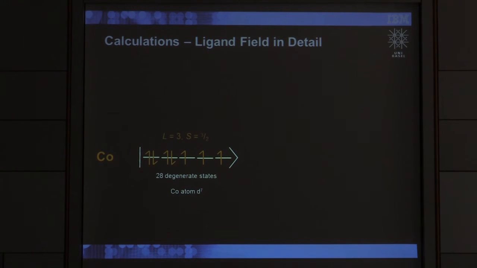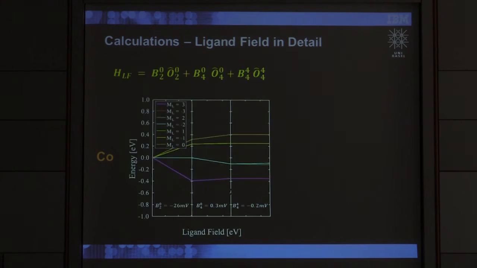Now, before I zoom into that, I will just compare to cobalt on the same surface. Cobalt has 1 electron more. It's in a d7 configuration, and that basically means it has L equals 3 and S equals 3/2. In that case, the lowest states that are split down in energy are the plus minus 3 states.